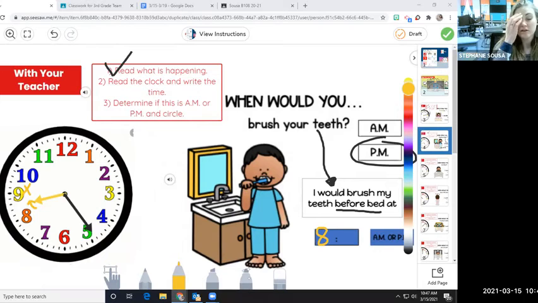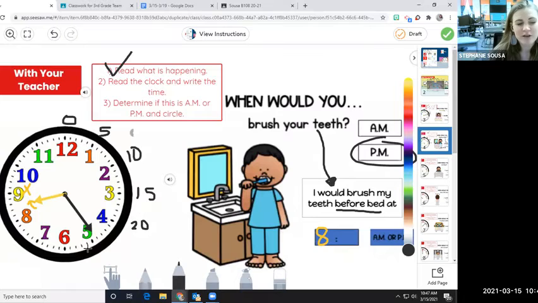Okay. Now it says read the clock and write the time. We've done the hour. We haven't done the minute yet. Let's do the minutes. Okay, our minutes. We are at 0, 5, 10, 15, 20. I hope you don't get tricked.